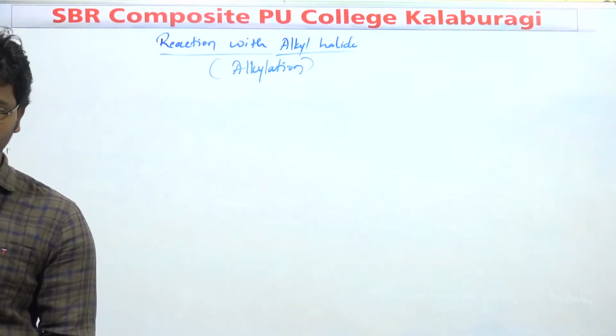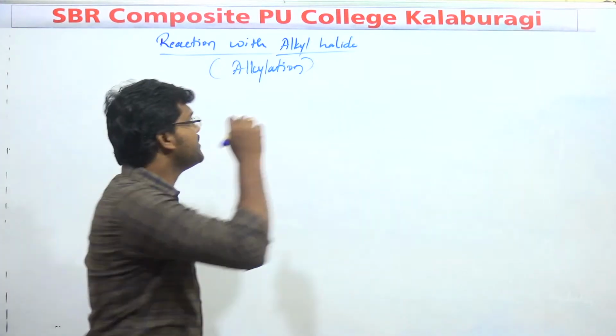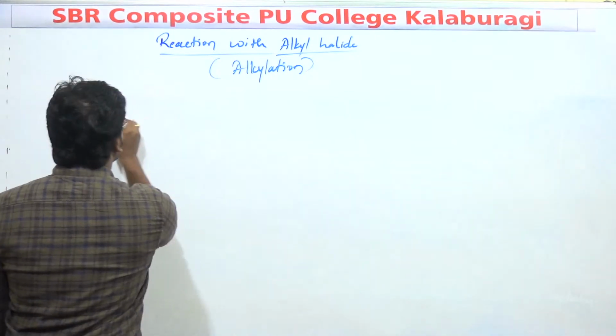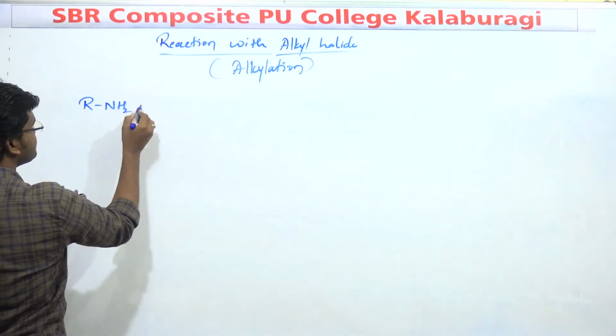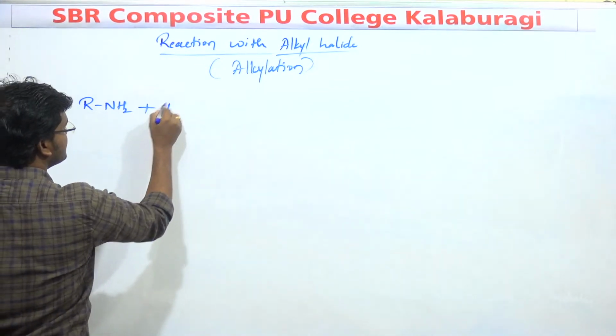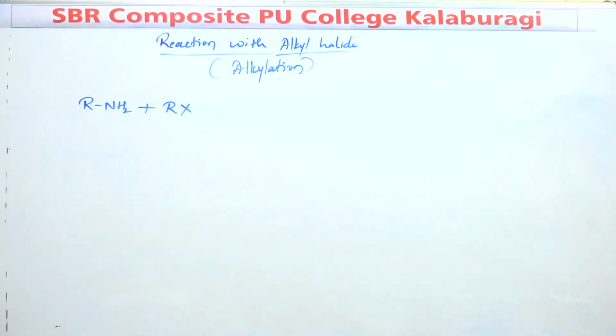Let me talk about the alkylation of amines. RNH2 is made to react with RX. Can you please tell me what happens when amines are made to react with alkyl halides?